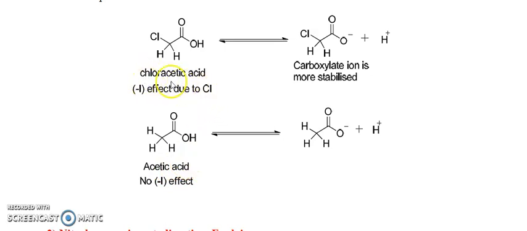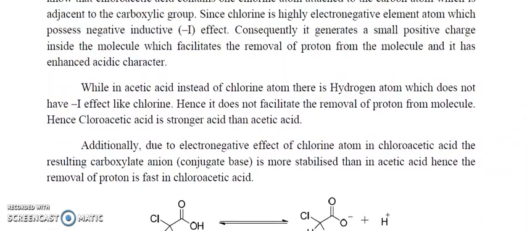So due to this negative inductive effect, the corresponding carboxylate ion is more stabilized, because this minus charge can be better stabilized due to the electron withdrawing nature of this chlorine atom, which is not present in acetic acid. So this is the reason why chloroacetic acid is a stronger acid than acetic acid.